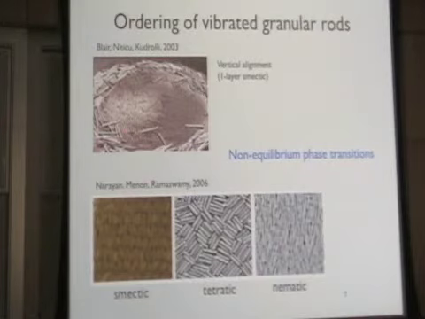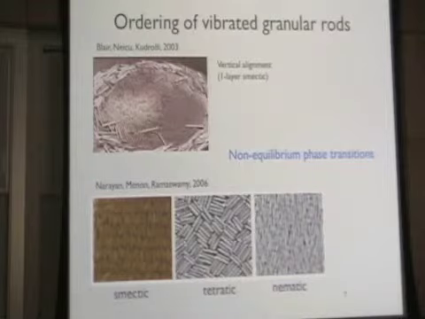You can have rods oriented in the third dimension, so you go beyond the two-dimensional state, or you can see a symmetric order in a monolayer, also vibrated, or smectic, or some other states. Anyway, these are non-equilibrium phase transitions, but in typical granular rods.